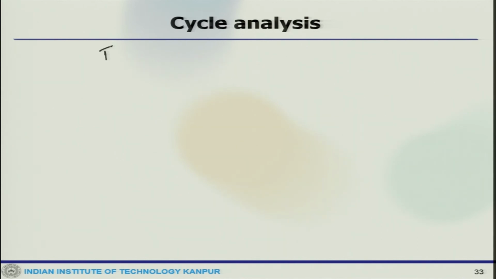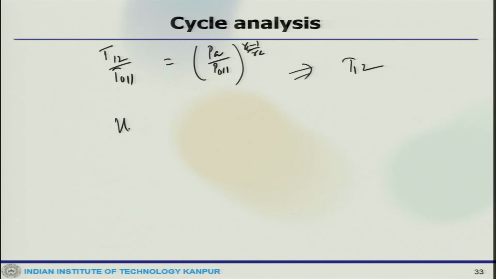So what we get is T12 by T011 equals PA by P011 to the power gamma C minus 1 by gamma C. From here we get T12. So for the unducted fan, the exit velocity would be the root of 2 CPC T011 minus T12.